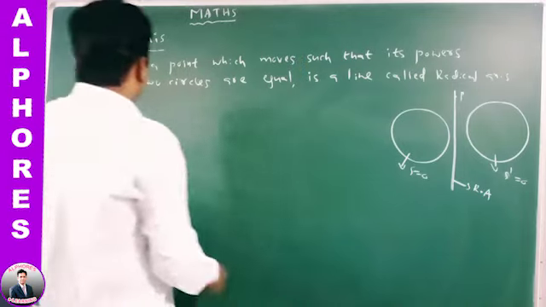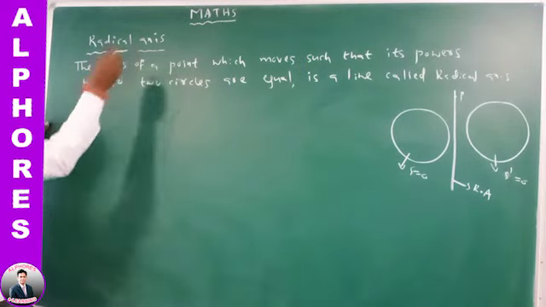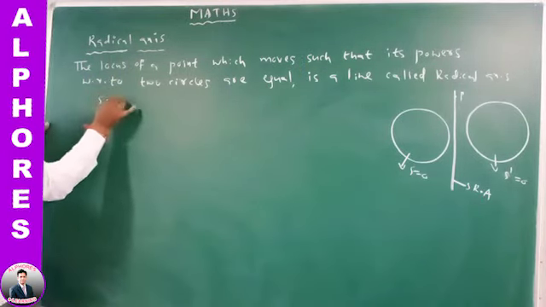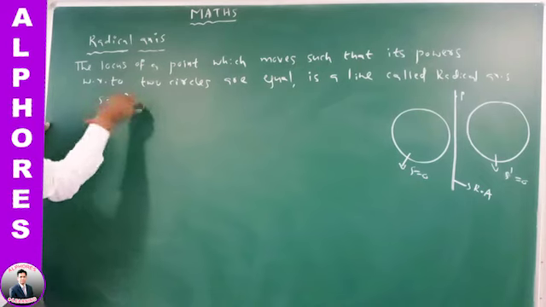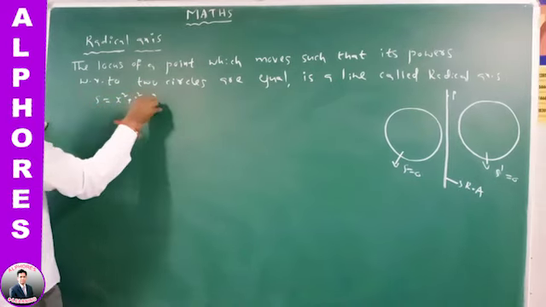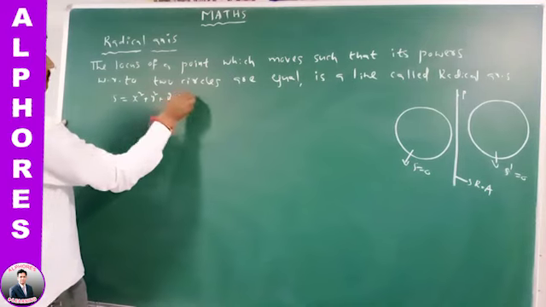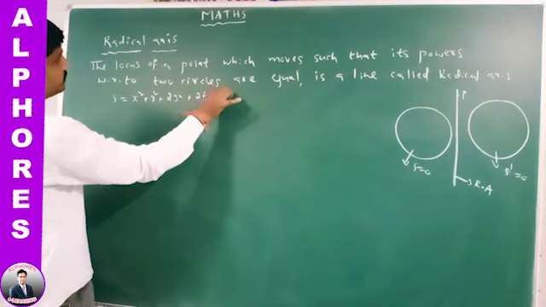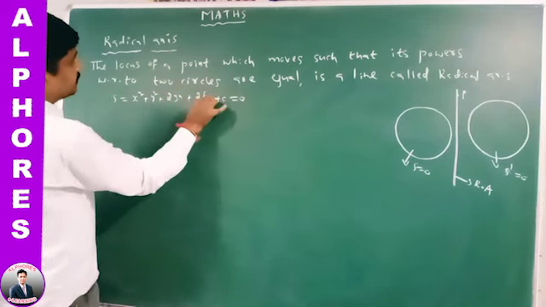Suppose S means x square plus y square plus 2gx plus 2fy plus c equal to 0.